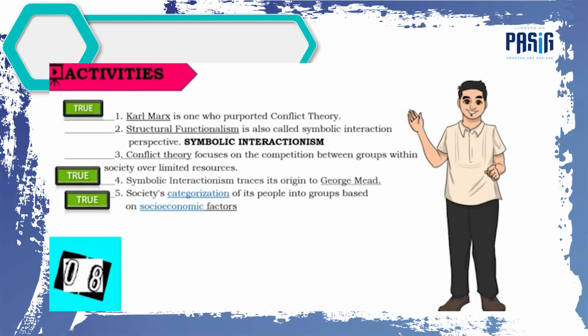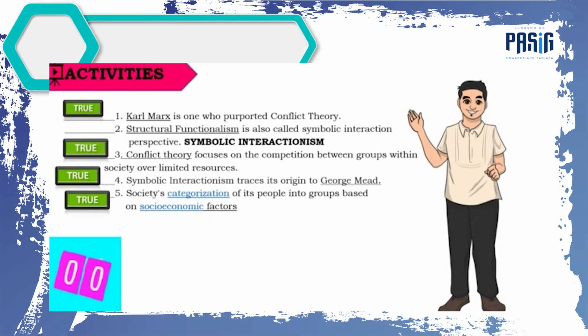Number 2. Structural functionalism is also called symbolic interaction perspective. The correct answer is symbolic interactionism. Number 3. Conflict theory focuses on the competition between groups within society over limited resources. The answer is true.